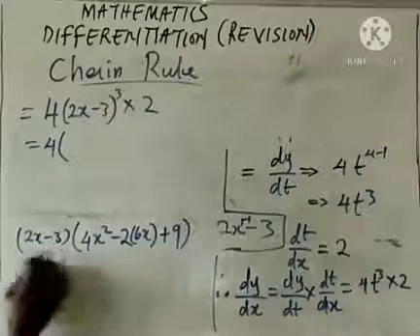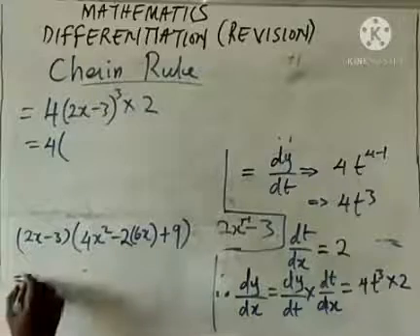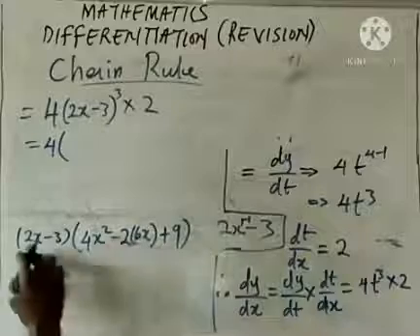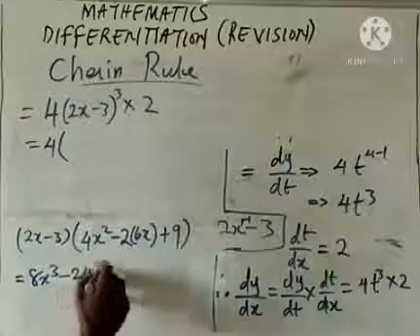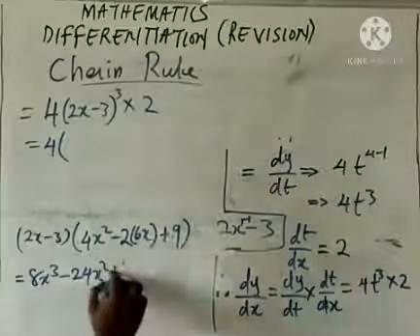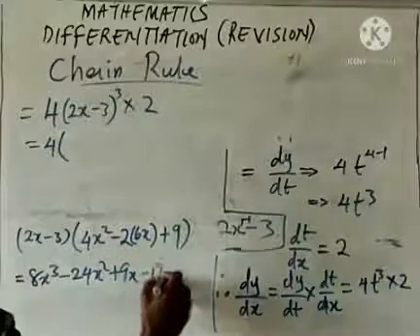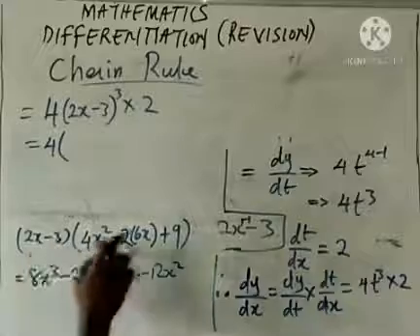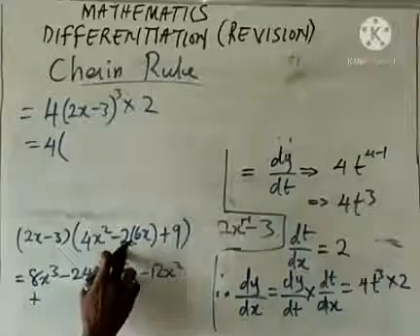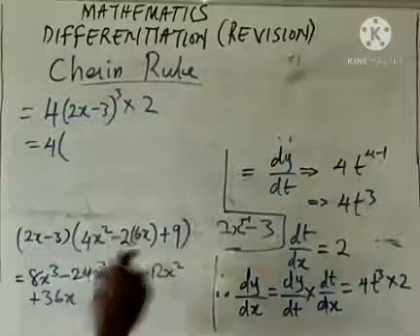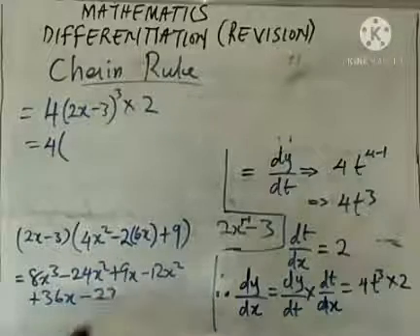Oh, sorry. Firstly, let's go with this. That'll give me 8x cubed minus 12 times 2, 24x squared plus 9x. Then we move to minus 12x squared. This times this, plus 3 times 2, 6, 6 times 6, 36x, then minus 27.